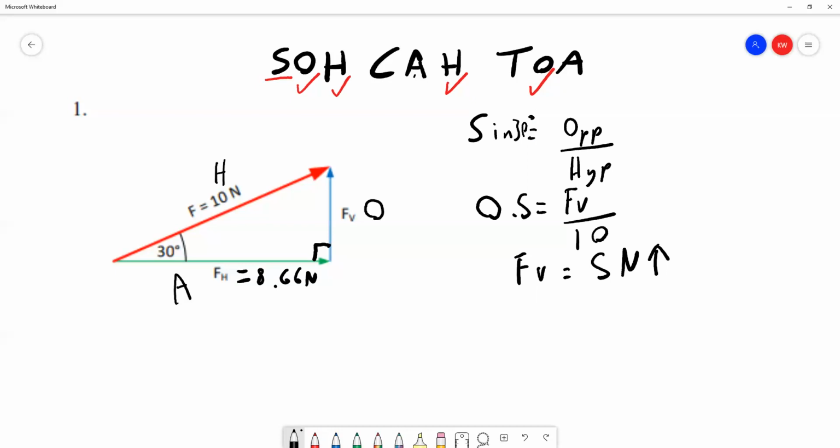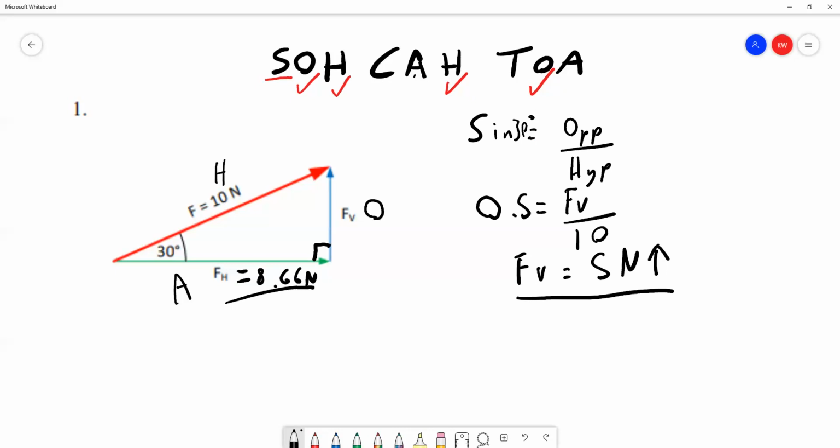So we've worked out here, we found out that FH was equal to 8.66, and we've just found out that FV is equal to 5 newtons, and we've got the respective directions. But as we said at the beginning, since our force is acting up and to the right, the vertical component must be acting up, and the horizontal component must be acting to the right.